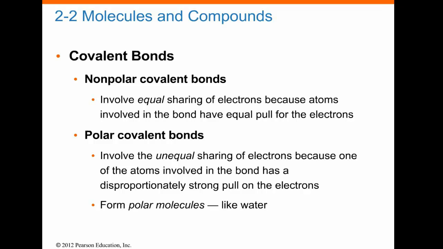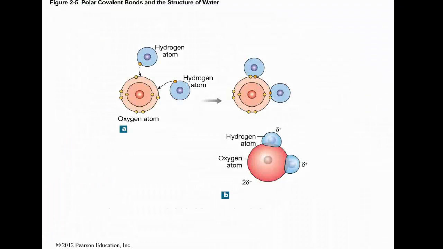Water is an example of a polar molecule. Let's look more closely at this. So water, we know, is 2 hydrogen atoms and 1 oxygen atom. We know that hydrogen each has 1 proton and 1 electron in its valence shell. And we know that oxygen has the valence shell where we've got the balance, and then we've got 6.